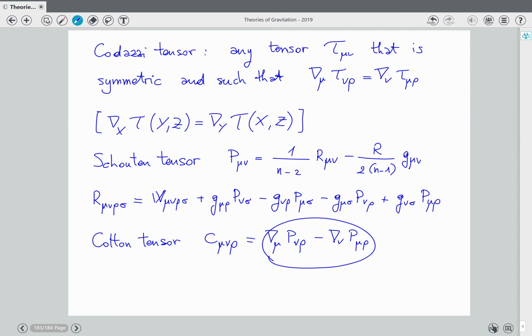So the right tensor that vanishes identically to identify locally conformally flat metrics in 3 dimensions is the Cotton tensor, which plays in some sense the role of the Weyl tensor.